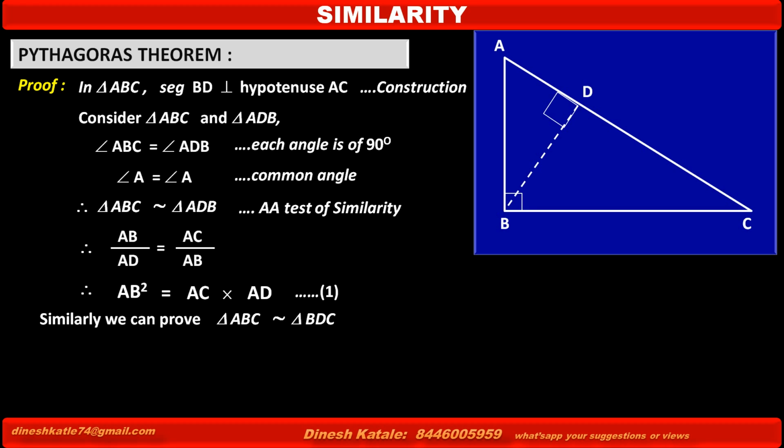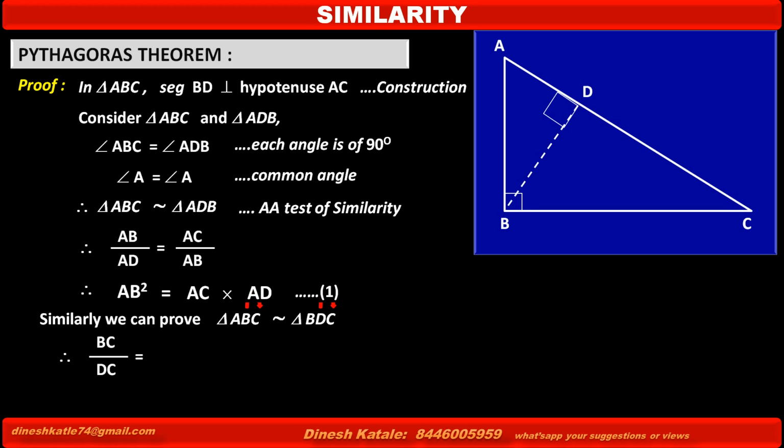Similarly, we can prove another pair, meaning the whole triangle ABC and the right hand side triangle BDC are similar, again by the same AA test of similarity, because in these two triangles again one pair is of right angles, which are corresponding and equal, and the other angle, angle C, is common between these two. Therefore, we can write their corresponding sides in proportion.